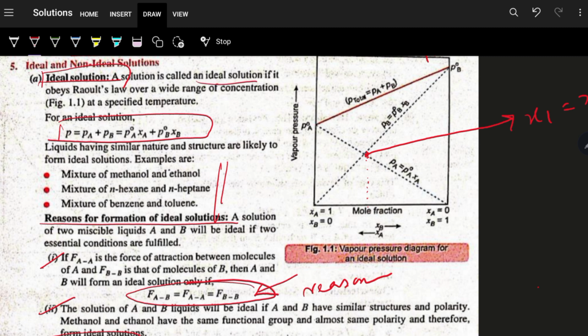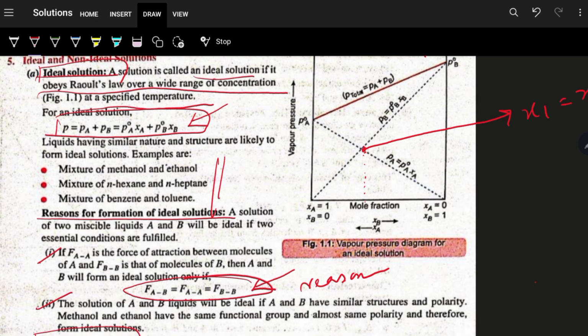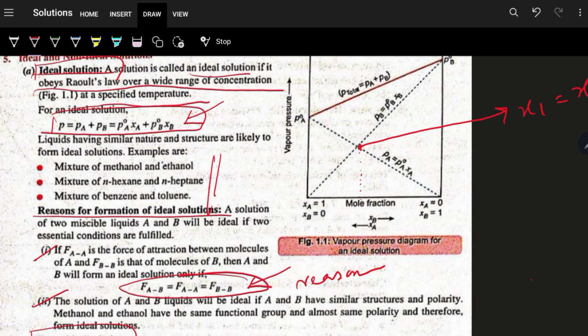And what happens if it behaves as ideal? It obeys Raoult's law over a wide range of concentration at a specified temperature. Raoult's law will be obeyed if a solution is ideal. And if Raoult's law is obeyed, what does it mean? It means the total vapor pressure P will be equal to the summation of the individual partial pressures of the components.